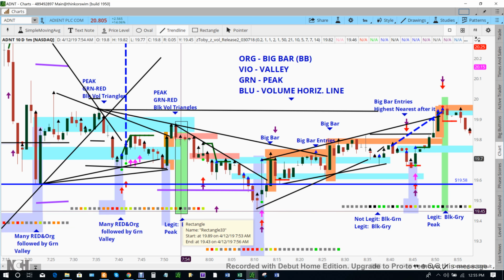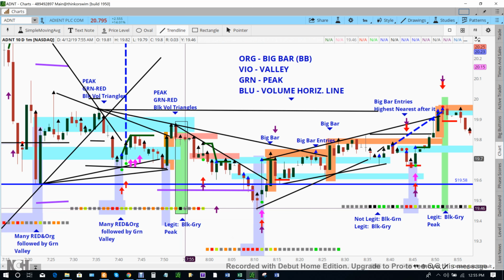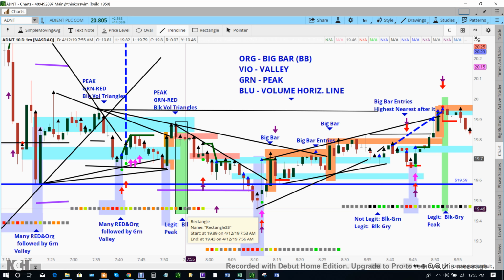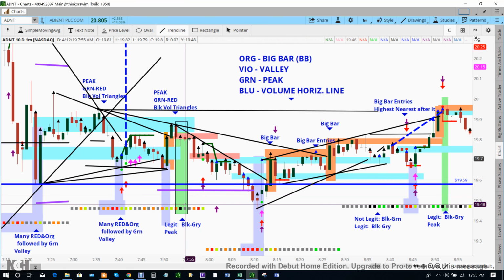So here we have a black and a gray, right? That's legitimate. That's like a peak or a steady level. Sometimes you might have a black and a green. Well, green means it's going to go up, so that's an oxymoron.